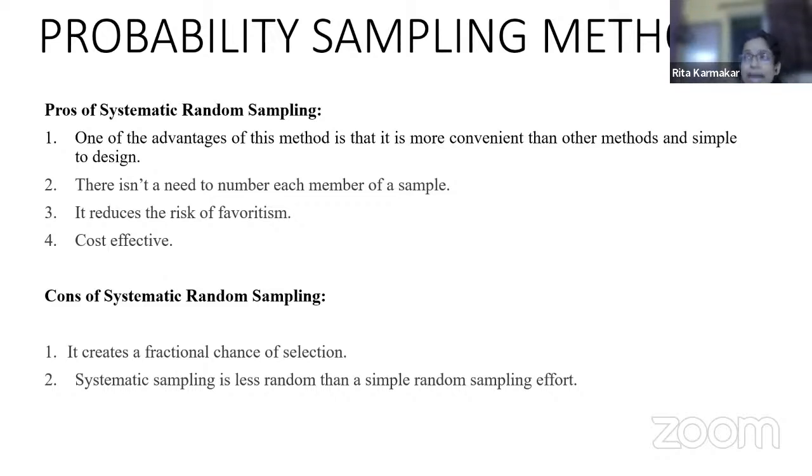You can simply pick and choose a number, or you can use the simple random sampling random number generator, but it's your wish; it's not mandatory. As a researcher, you have that right to do that. So this is very convenient.